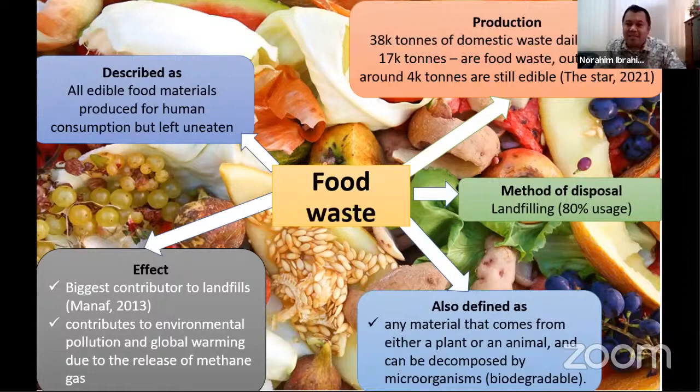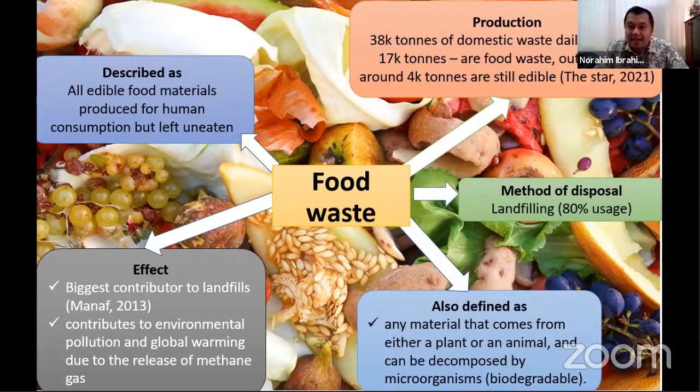So what is the big deal about food waste? Kenapa kisah sangat? Why do we care so much about the food waste production in our country? Of course, we're talking about our country because this is Malaysia. Because food waste contributes to landfills. Penuh dengan tempat pelepasan sampah dengan makanan. And if we leave food waste to rot, kalau kita biarkan dia menjadi busuk, they will produce methane gas.